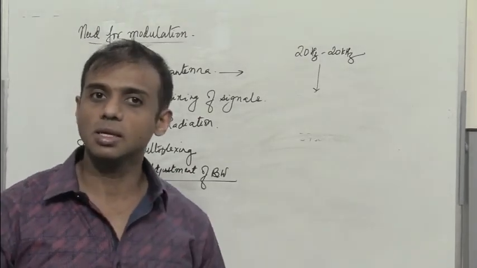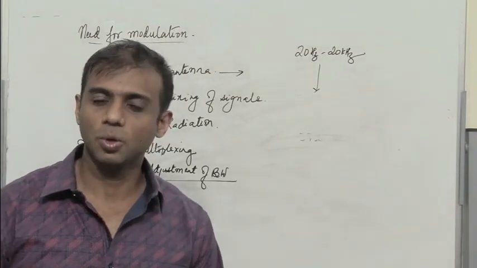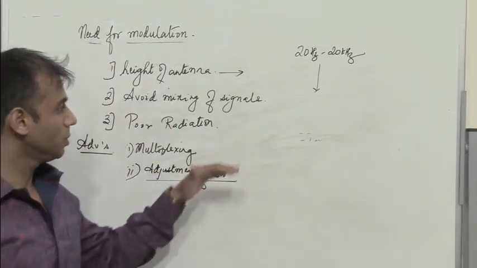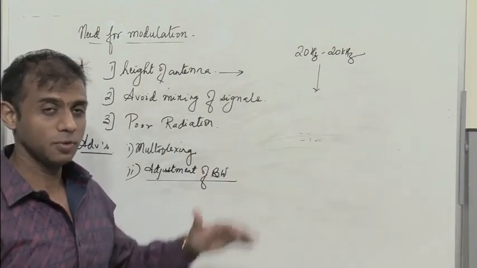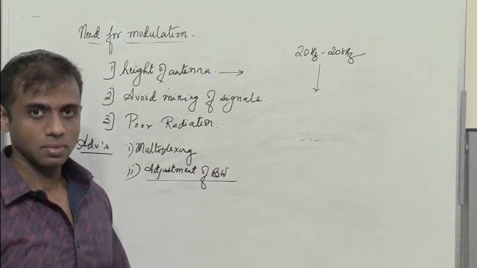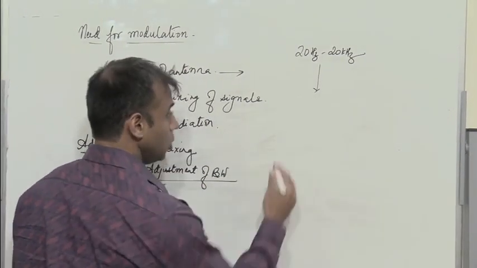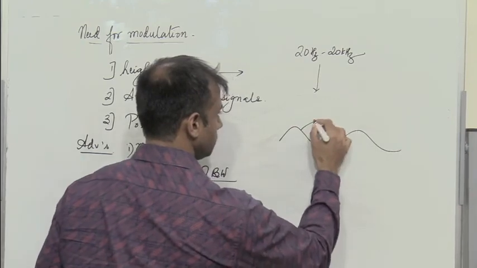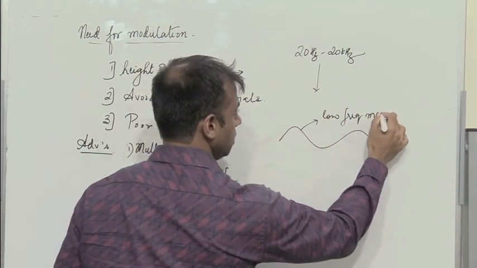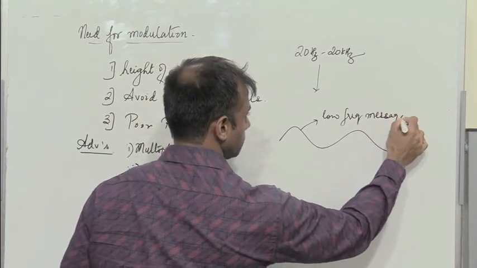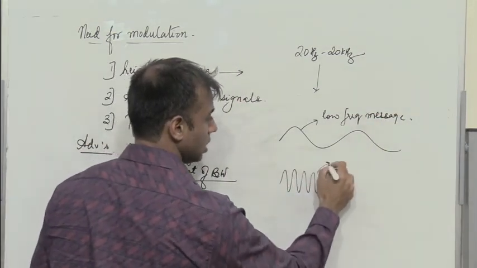In the next segment we will begin with amplitude modulation. In amplitude modulation, we have the message signal, which contains information and is the low frequency signal, and then we have a high frequency carrier signal.